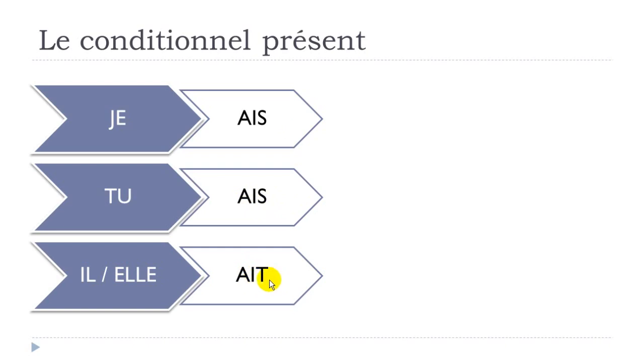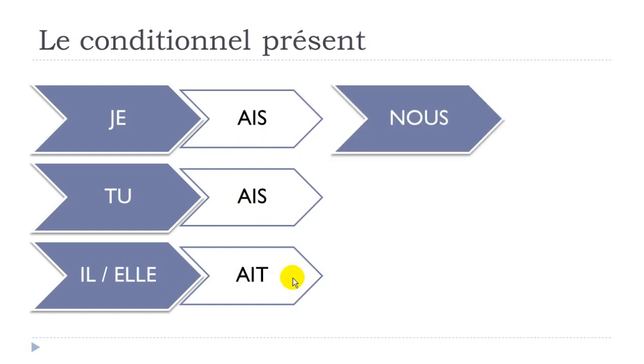The good news is that even if we write them differently, like you see here, we pronounce them the same way. And it goes like e. All right? So as usual in French, what you pronounce is not that difficult in a way, but then remember how to write them. AIS for je, AIS for tu, AIT for il, elle.